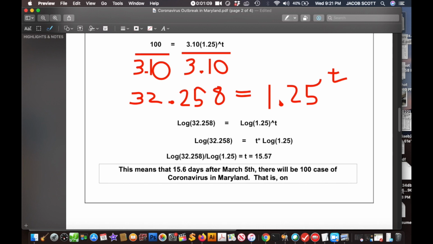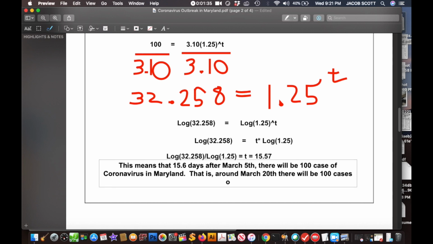March 15 plus 5, that's going to be 20. So March 20th, there will be 100 cases of virus. Okay, that's what that means.